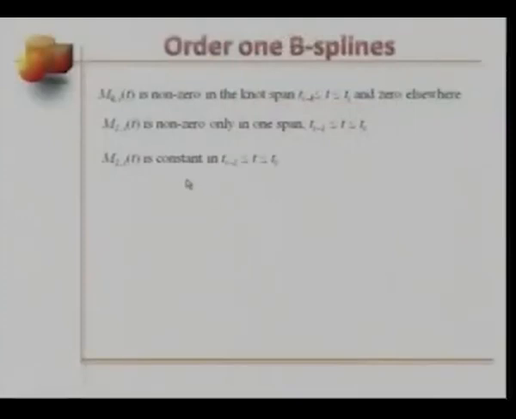Also, since the order of M1 is 1, the degree is 0. That would mean that M1 I should be a constant in this knot interval, t I minus 1 to t I. What would that constant be?